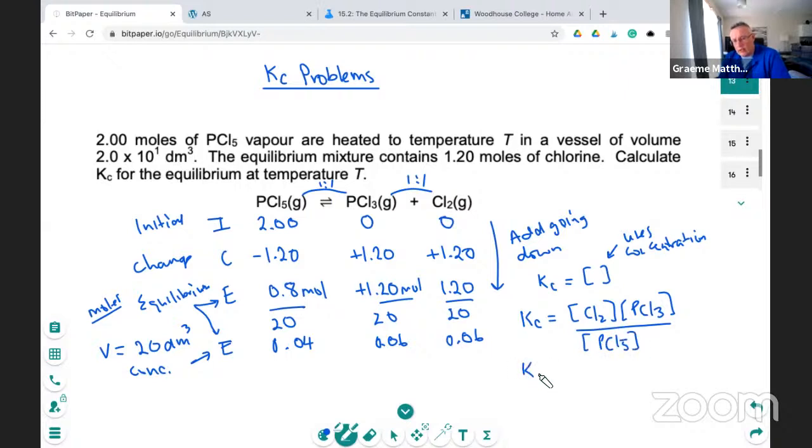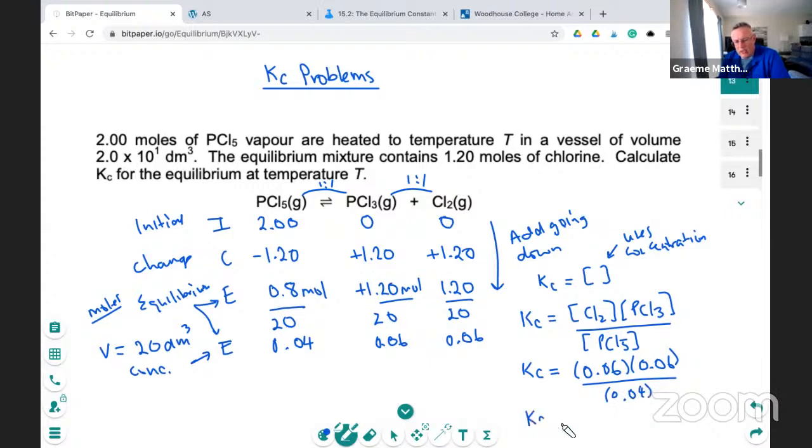And so Kc is equal to, plug the numbers in. Now, chemists, when you do these, you've got to show all the working out. I know it's 0.06 and it's 0.06, you could easily square that. But write down for the examiner 0.06 times 0.06 over 0.04 to get all those working out points.